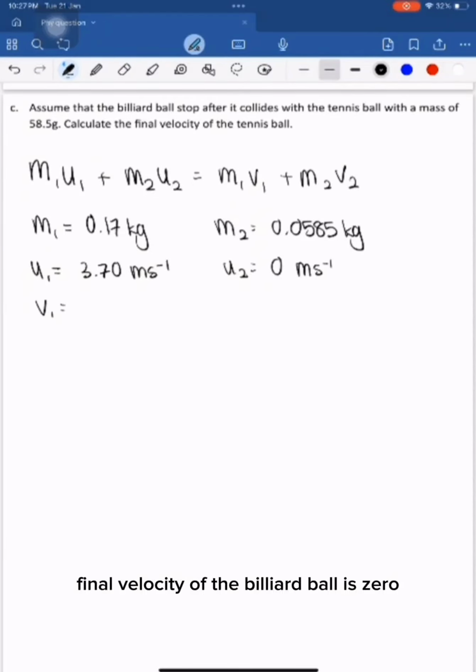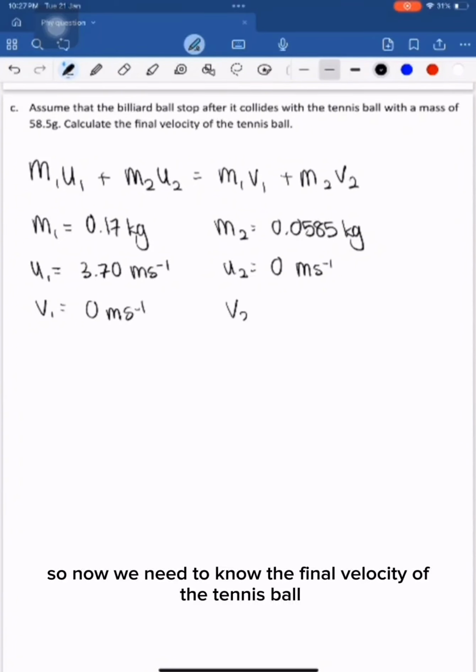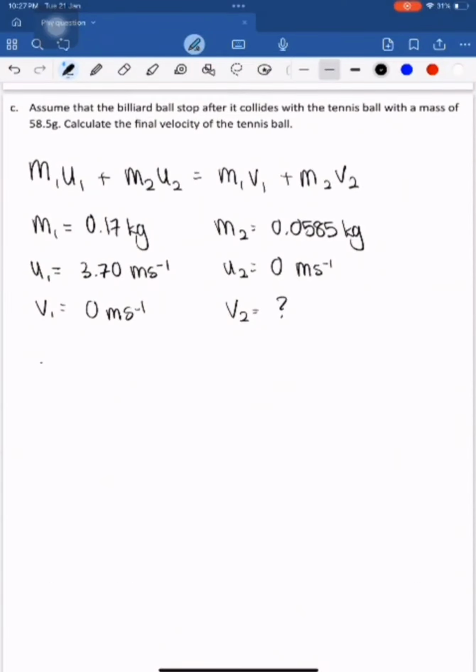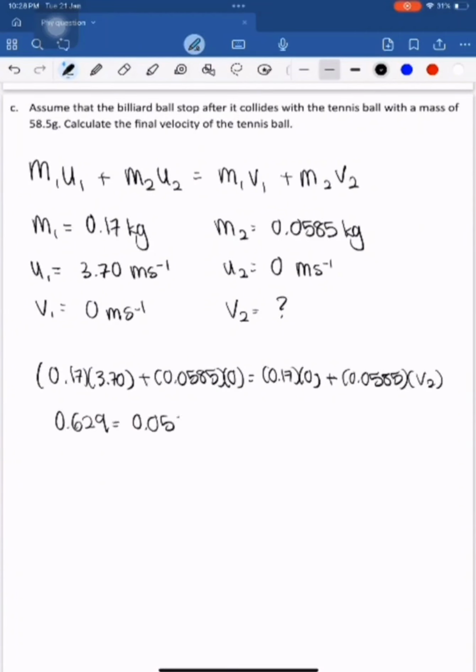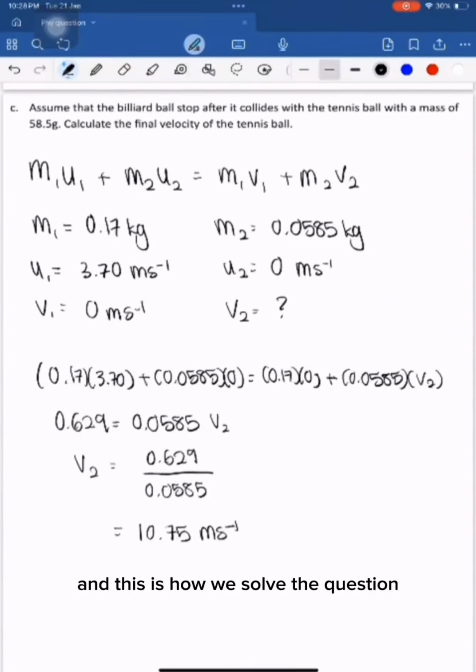The final velocity of the billiard ball is 0. So now we need to know the final velocity of the tennis ball. And this is how we solve the question.